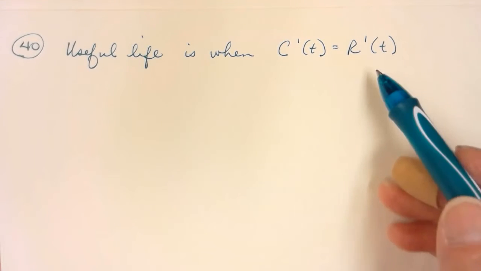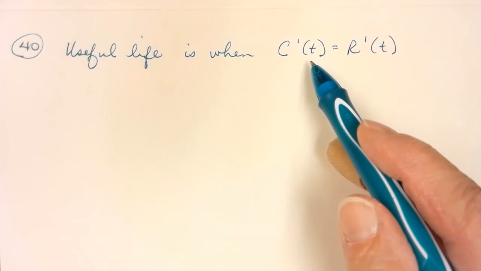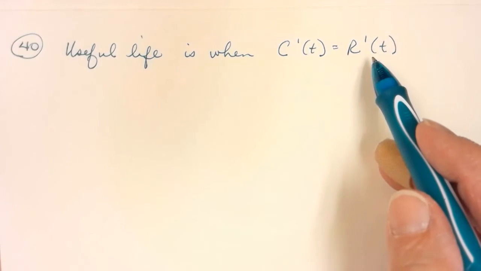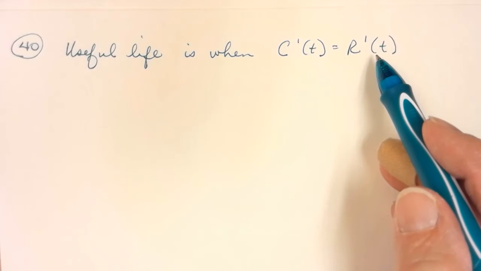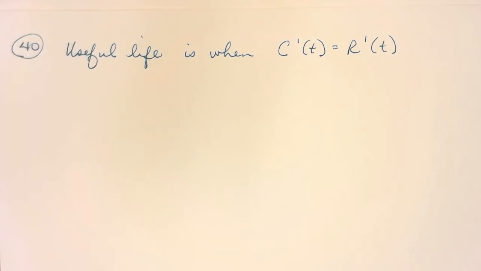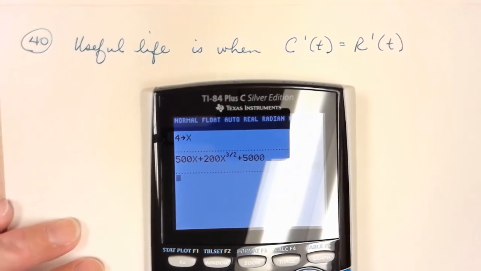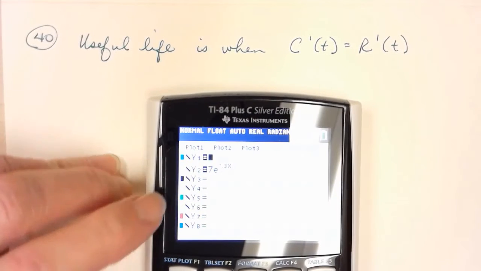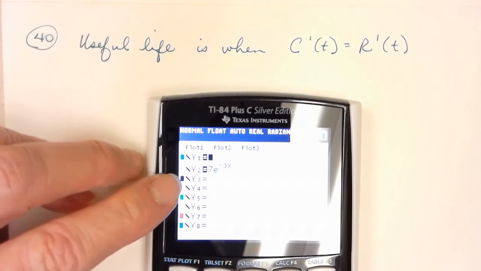Because as long as revenue is over cost graphically, you've got a profit. But when cost goes over revenue, you're operating at a loss. So first thing we've got to do is find the useful life. And I do this by the calculator because it's a little bit quicker. I graphed my C prime of t and my R prime of t.